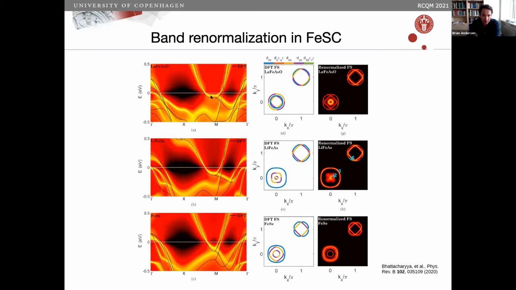The mechanism is there. You can compare the bare bands and the renormalized ones in yellow. This is just the spectral function calculated here. So there's generally a shrinking, but the whole point of what I'm saying is that for iron selenium, this doesn't work. This mechanism is not capable, as far as we can see, at all of getting the right pockets, the number of the pockets and the size of the pockets.